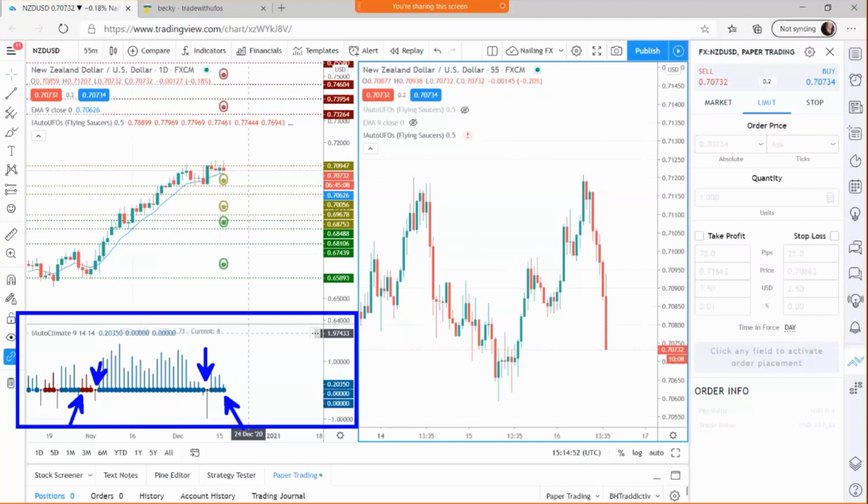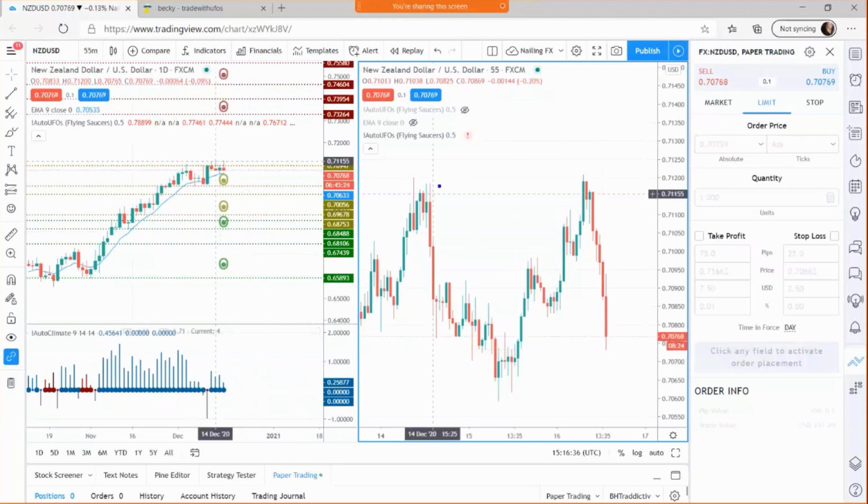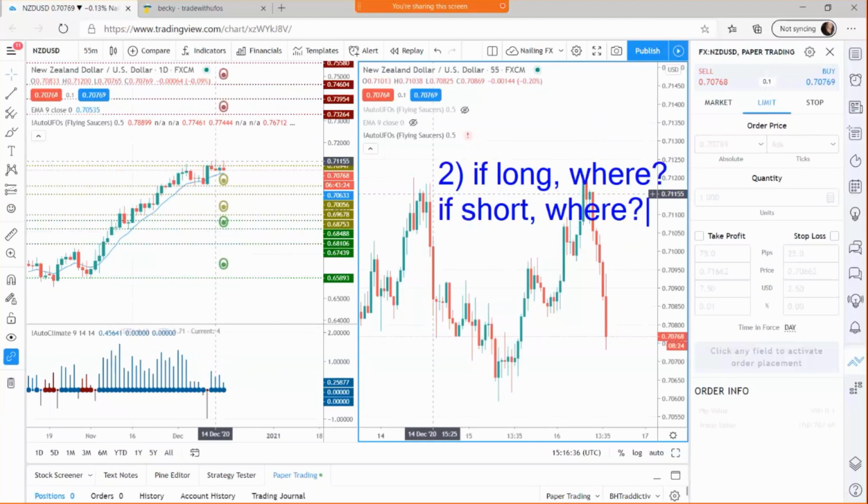Now, question number two, where are we? There we go. Question number two is, if long, where? Or if short, where? Just because we have probabilities to the upside shouldn't mean that we just buy at a random price. If we do that, we're unlikely to be able to manage our risk properly.